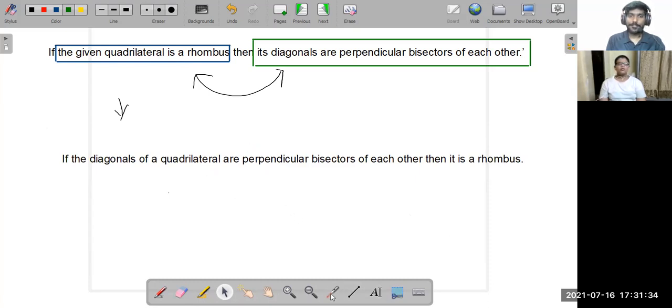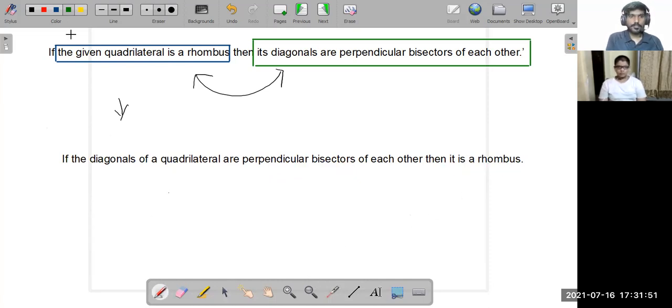It's basically like changing the subject and predicate. So if the diagonals of a quadrilateral are perpendicular bisectors of each other, then it is a rhombus.